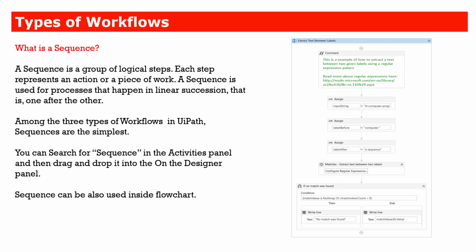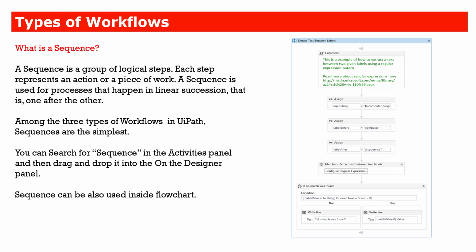So let's quickly look at the sequence in more detail. If you look at this PPT, at the right hand side, you can see a workflow is basically going from one step to another step to another step, and then there is a condition. So it's not that in a sequence we cannot create conditions or an if-else branch statement, right?